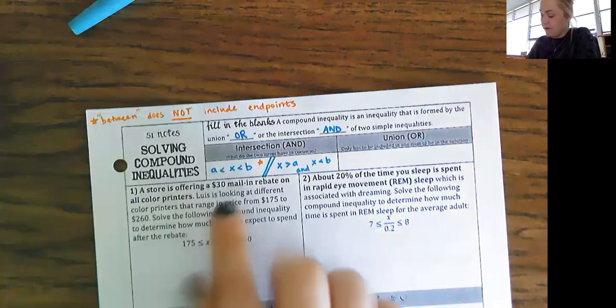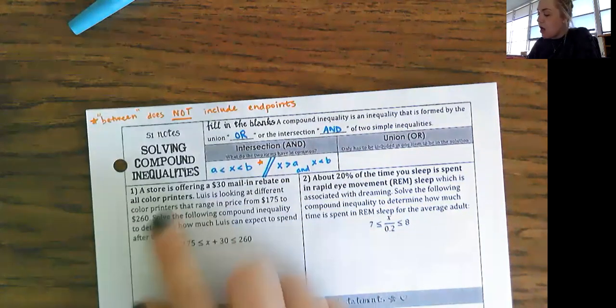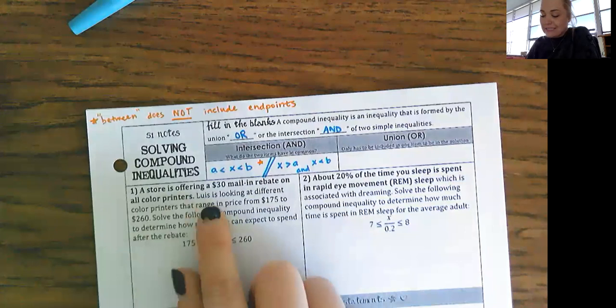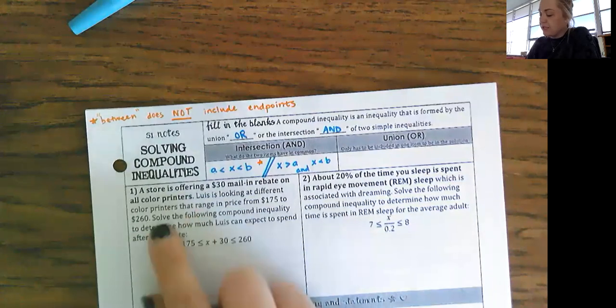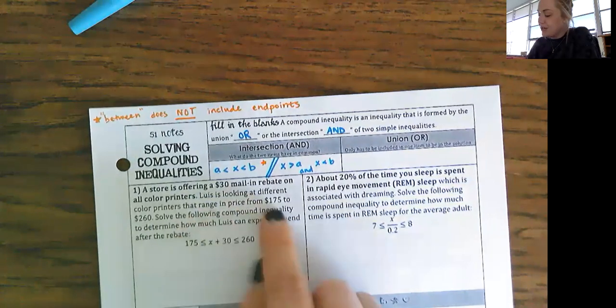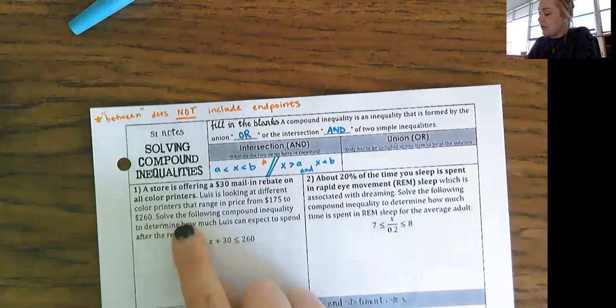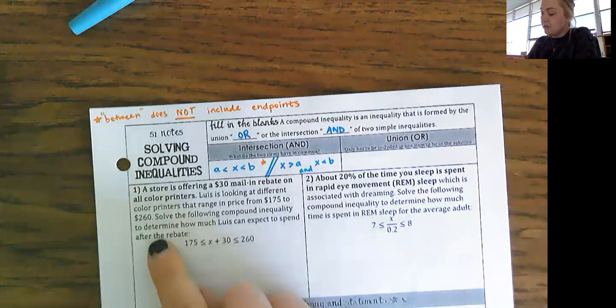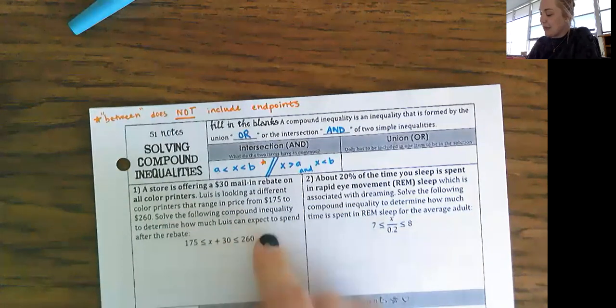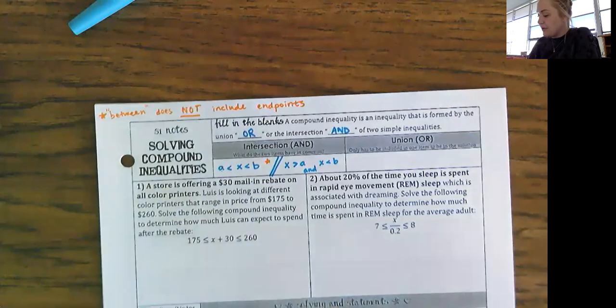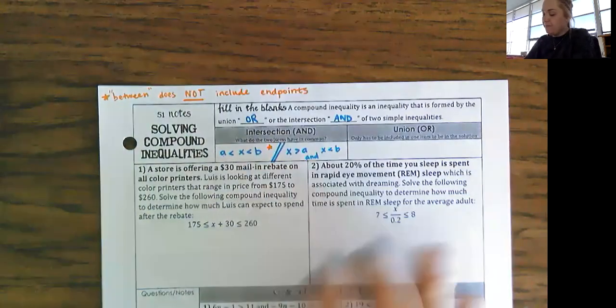So a store is offering a $30 mail-in rebate on all color printers. Luis is looking at different colored printers that range in price from $175 to $260. Solve the following compound inequality to determine how much Luis can expect to spend after the rebate. Okay, so let's begin by solving this.